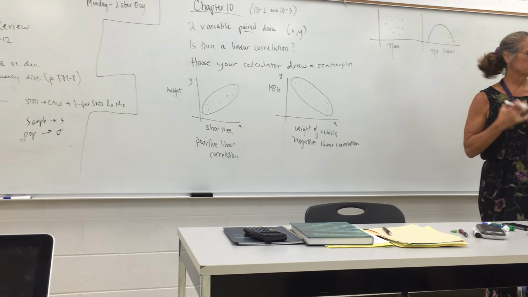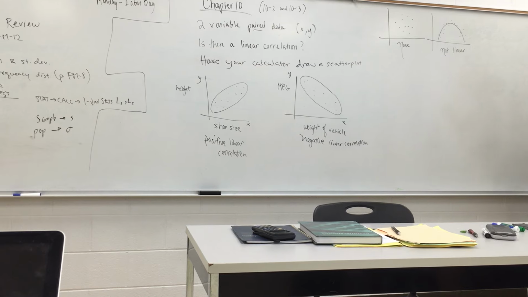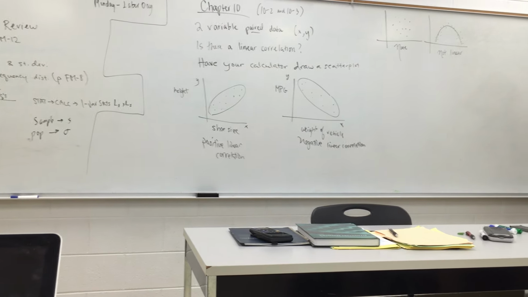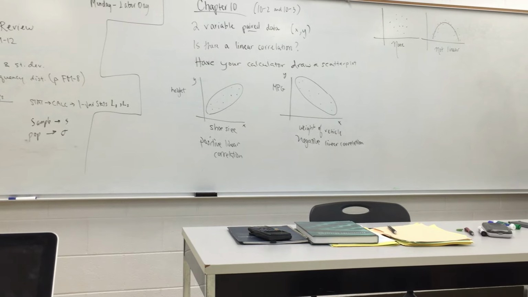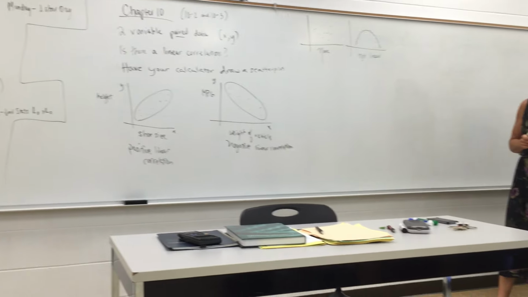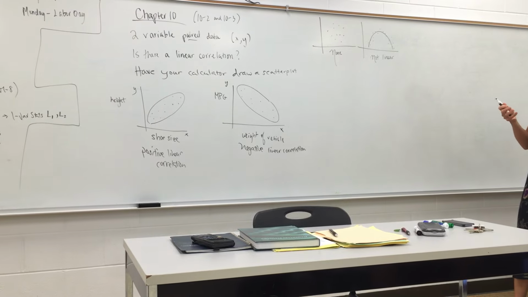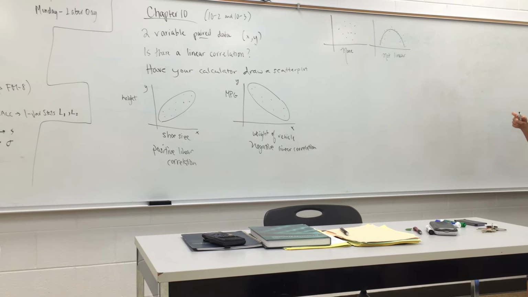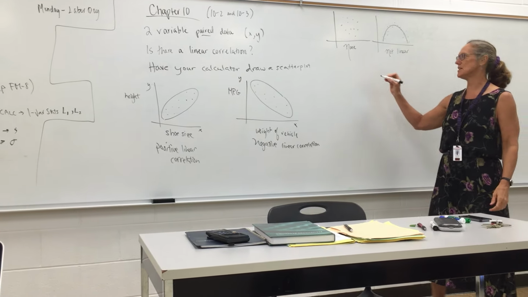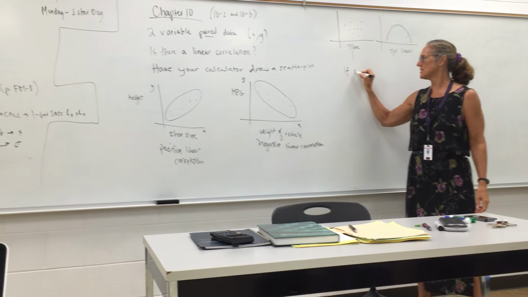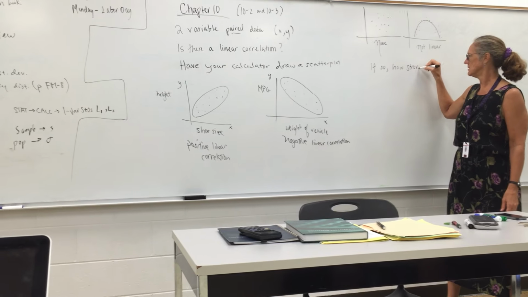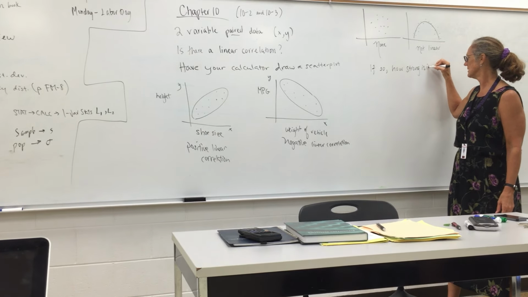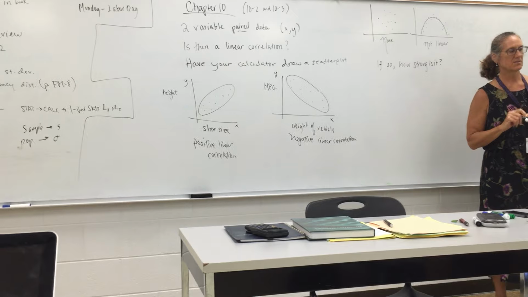So we'll generate the scatter plot and look at the points. You could probably do it by hand as well. It's just a matter of scaling your axes, but the calculator does a good job of that. So you plot the points, you look at it. If it looks like there's a linear correlation, then the next question is, if so, how strong is it?